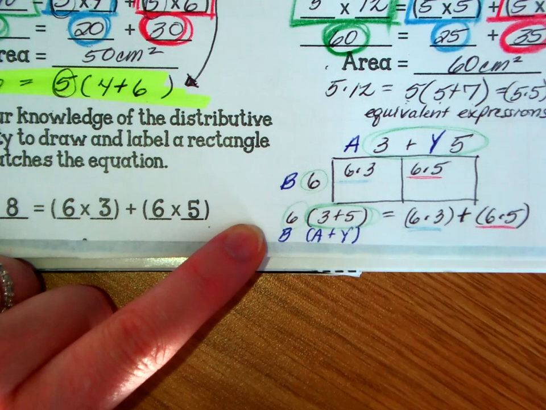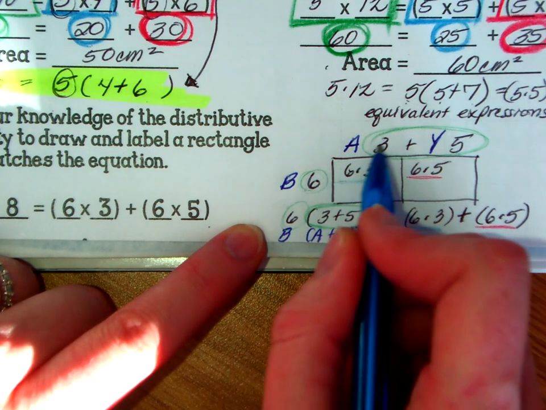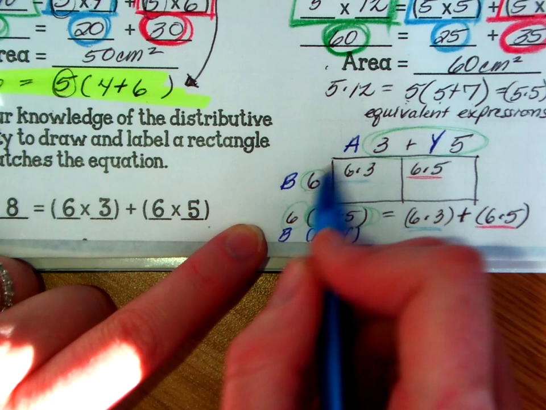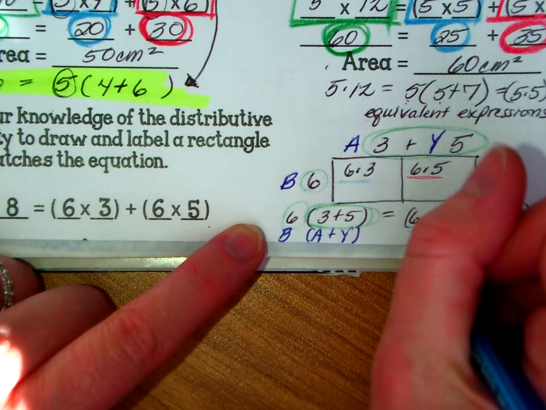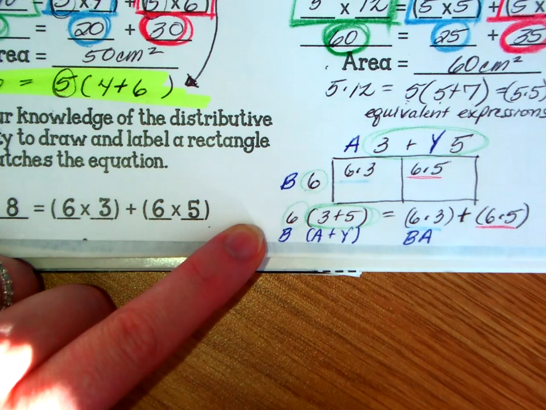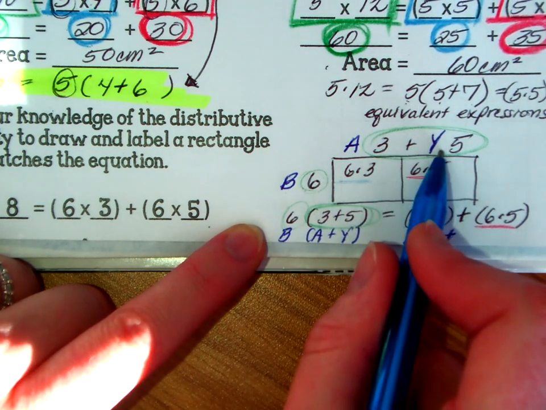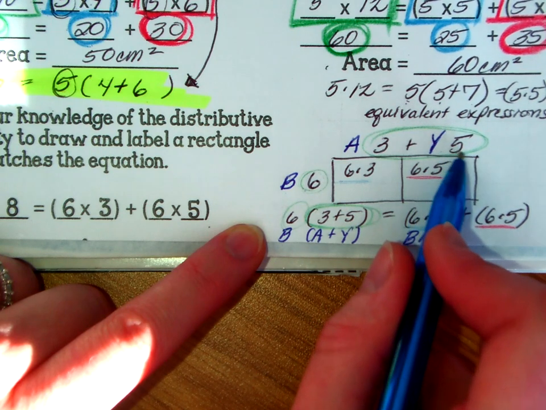If I distribute the 6, 6 visits the 3. Therefore, B visits the A. B times A plus 6 visits the Y, 5.